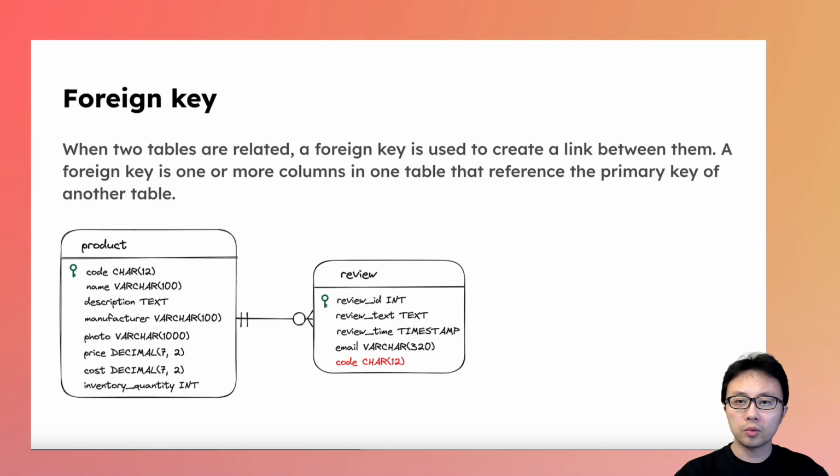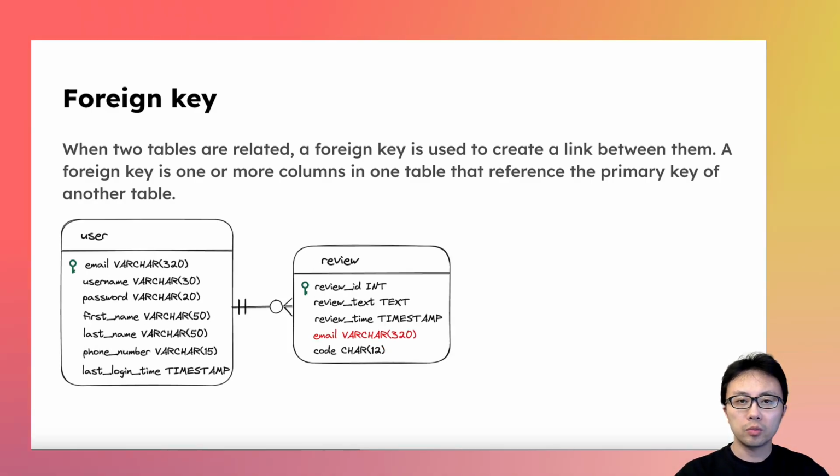The product table uses the product code as the primary key, and the review table uses review ID as its primary key. The two tables are in a one-to-many relationship. The foreign key is on the many side, or say the review table. That makes the product table the parent table, and the review table the child one in this relationship.